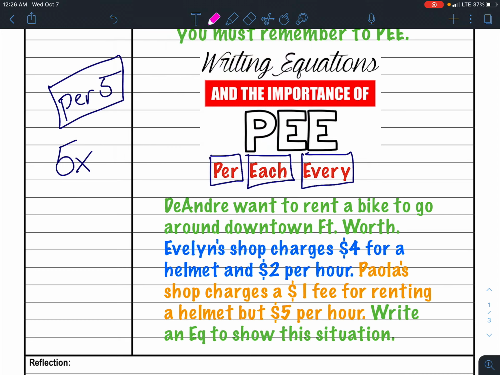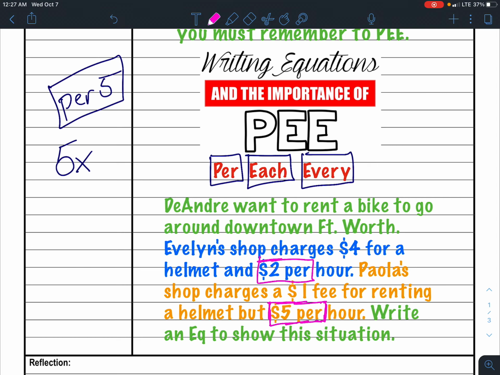I see that per. So I'm going to go ahead and box $2 per. So there's one of my keywords. Paula's shop charges a $1 fee for renting a helmet, but $5 per hour. So once again, there is my key per.